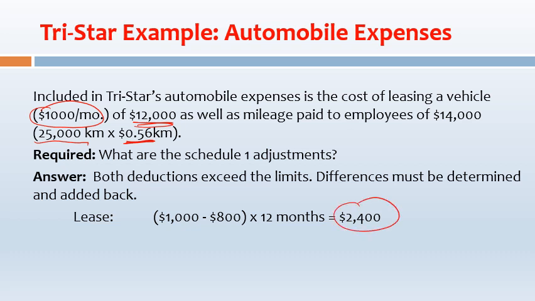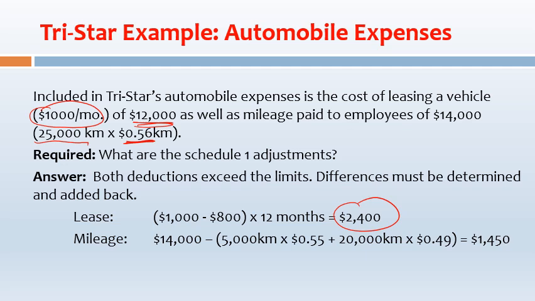So the next thing we're going to take a look at then is the automobile allowance expense that was incurred. So we have to do a similar calculation here where we have 14 grand, which is the amount that was actually paid and expensed. And then we have to deduct what the maximum actual expense is. So per current year CRA prescribed rates, we have for the first 5,000 kilometers, this is our maximum per kilometer amount. So we'll multiply that by 5,000.